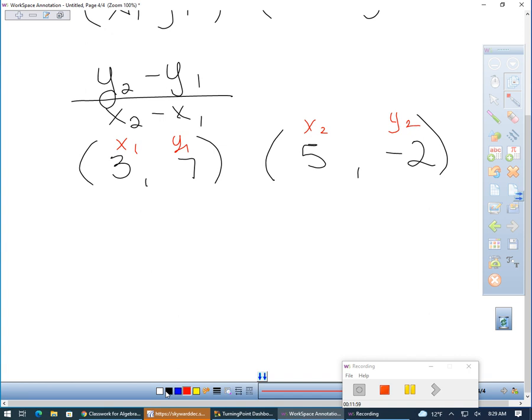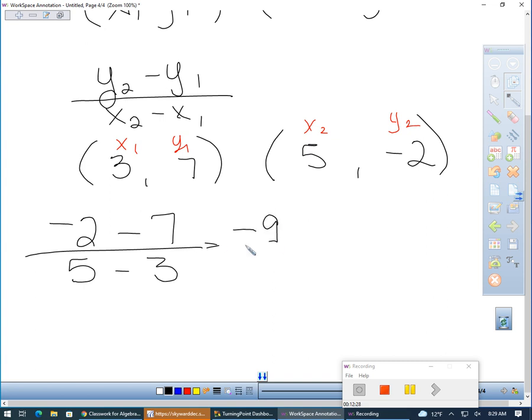So the very first number I need is y2. Willie, what point is y2? Negative 2 minus, what's y1? 7. I agree. Over x2 minus x1. Now we simplify. On the top line, negative 2 minus 7, Thomas.